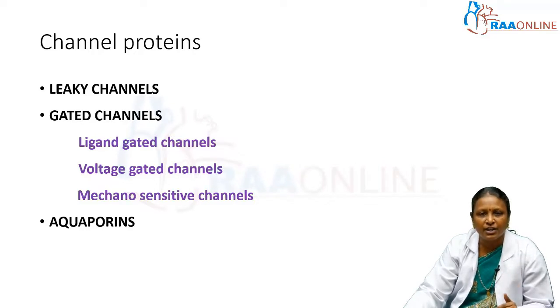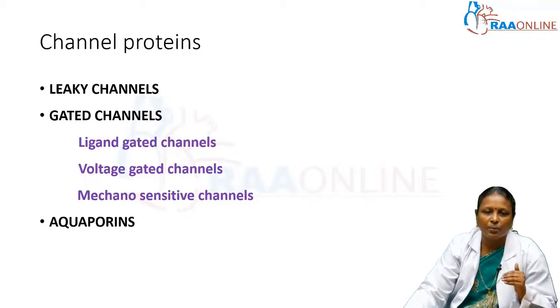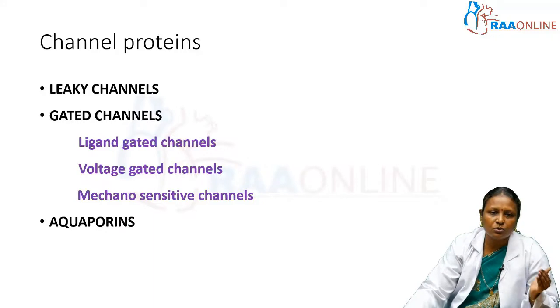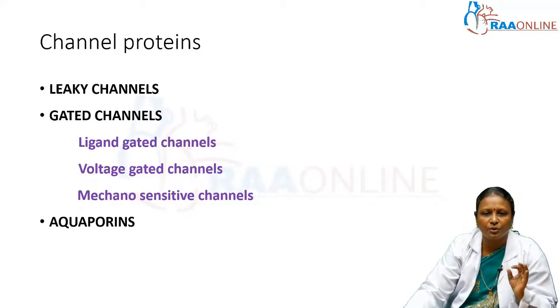Gated channels are the ones which have gates, and the gates are operated, either closed or open, depending upon the stimulus. What is the stimulus? It can be either an electrical stimulus or a chemical stimulus or a mechanical stimulus.